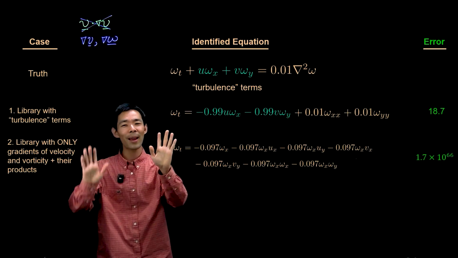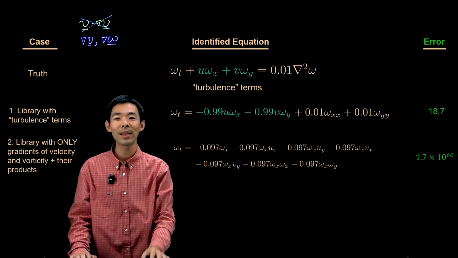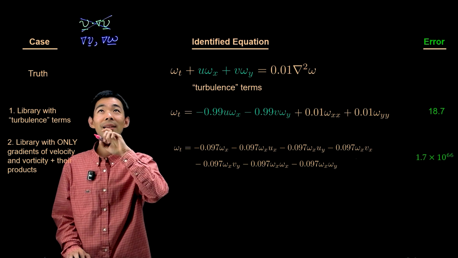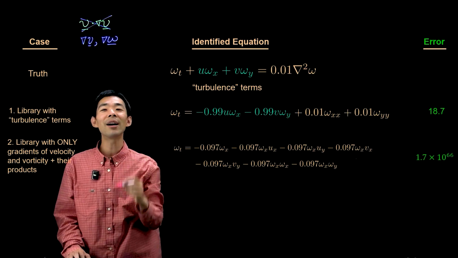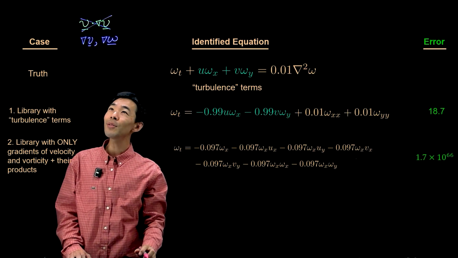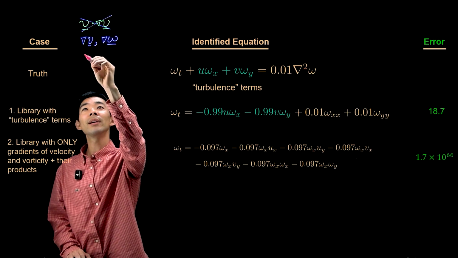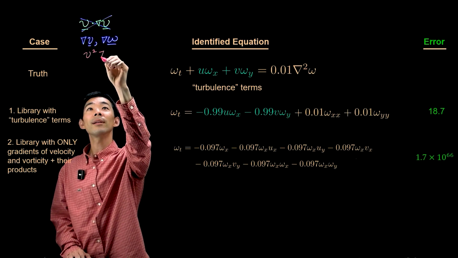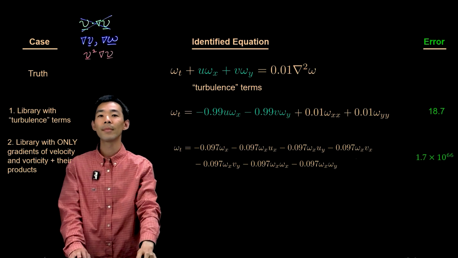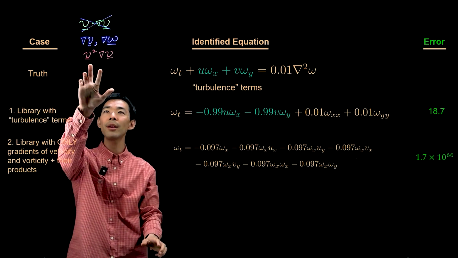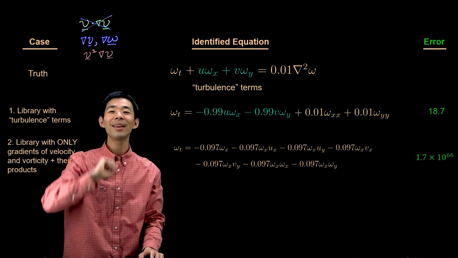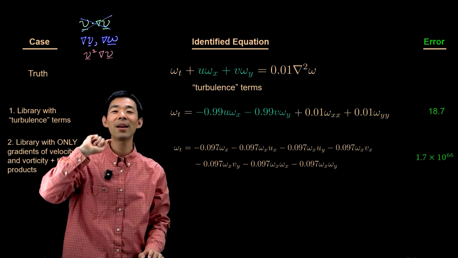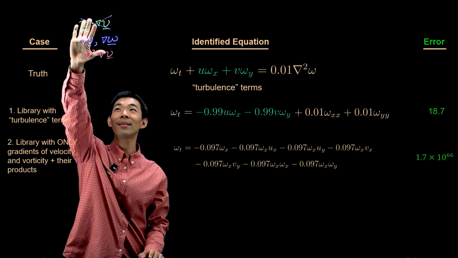So then I thought, okay, let's try something else for case number 3. Let's suppose that I still don't have V dot grad V, but I have other terms that look like U squared grad V. So terms that are higher order in V and products of grad V, but not this quadratic.